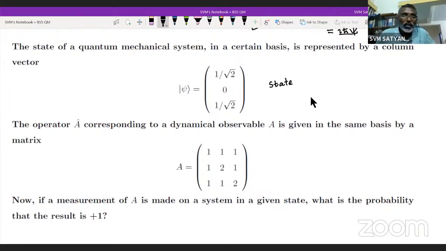Now, if a measurement of A is made on a system in a given state, this is the given state, what is the probability that the result is +1? What is the probability that the result is +1?